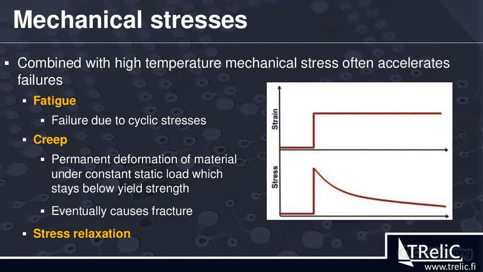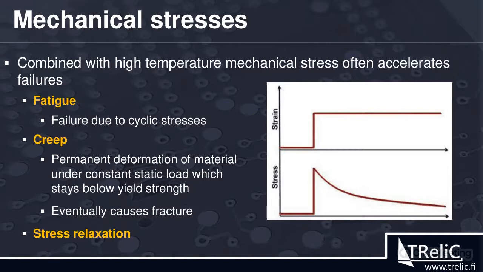So when we talk about mechanical stresses, fatigue and creep are very, very important. So fatigue is due to these dynamic stresses, fluctuation of stress. And basically what happens is that we have a structure which has a fluctuation of stress, and it doesn't need to be very high.